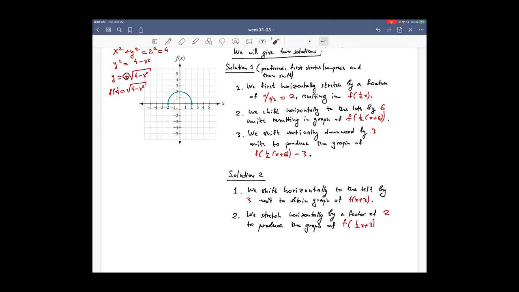And you can clearly see that the first 2 steps result in the same picture. We'll see if that's really the case when we go to Desmos. And then step 3 is the same as in the previous solution, so I may just copy it and paste.